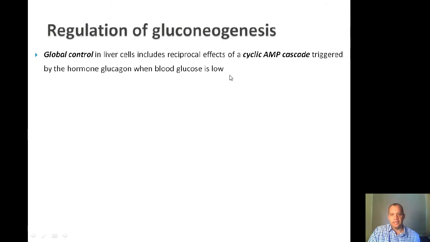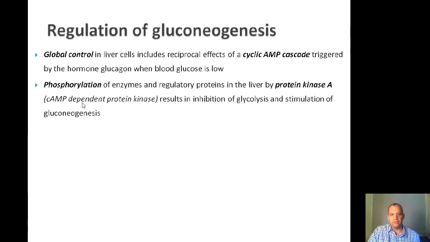But this cyclic AMP cascade will trigger phosphorylation of enzymes and regulatory proteins, specifically by a type of kinase which gets activated called protein kinase A. And this results in the inhibition of glycolysis and the stimulation of gluconeogenesis.